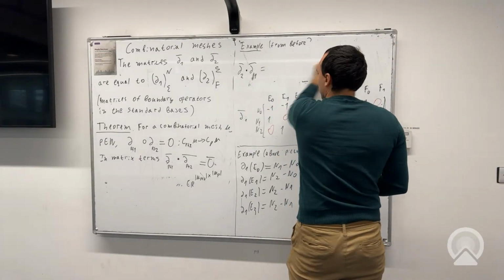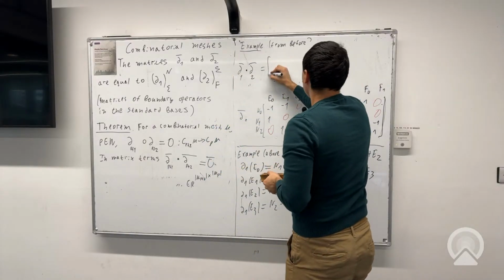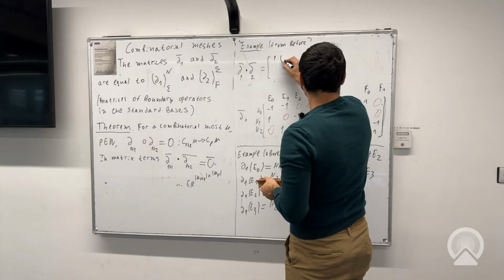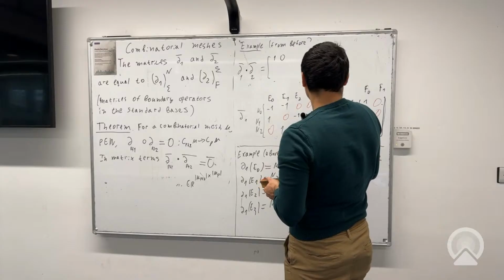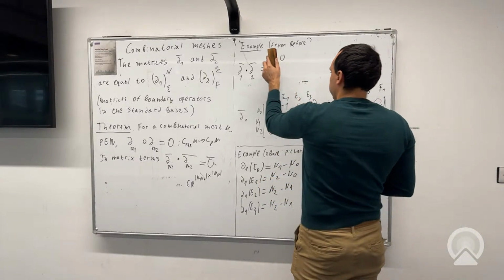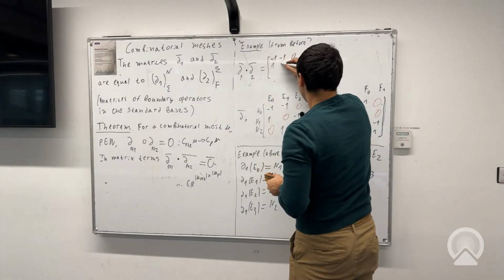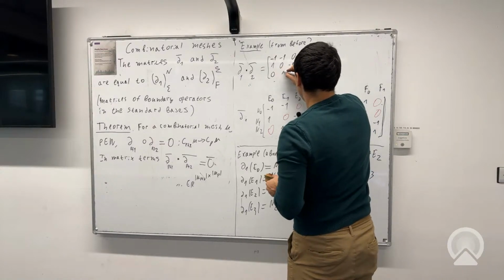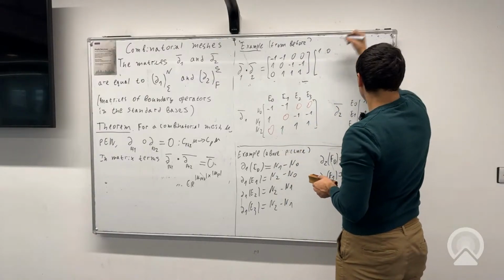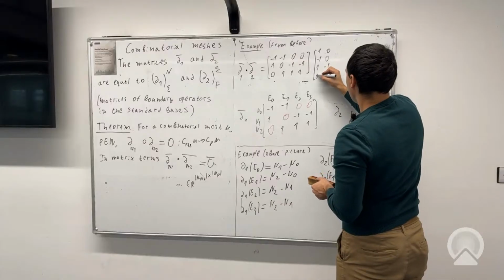Sorry, of course. So d_2 is 1, 0, 0, 1, 1, 1 multiplied by 1, 0, minus 1, 0, 1, minus 1, 0, 1.